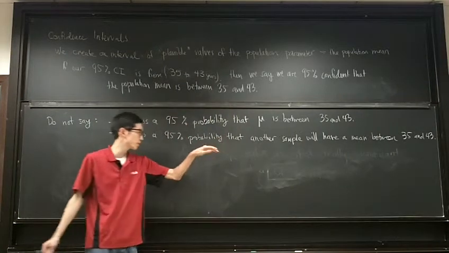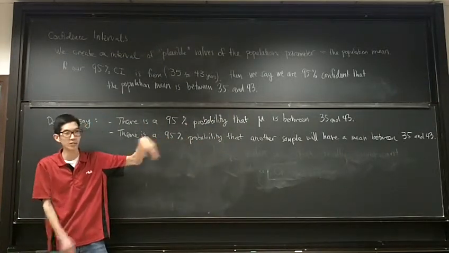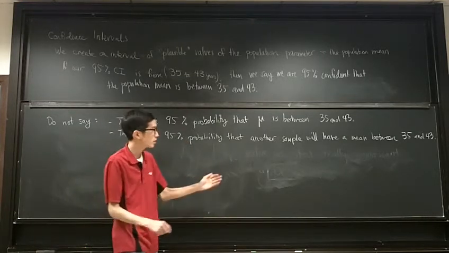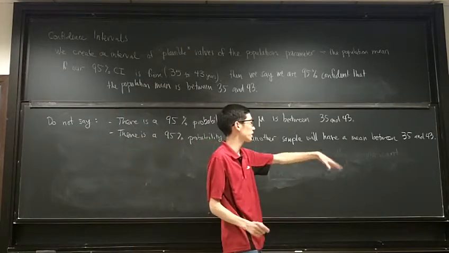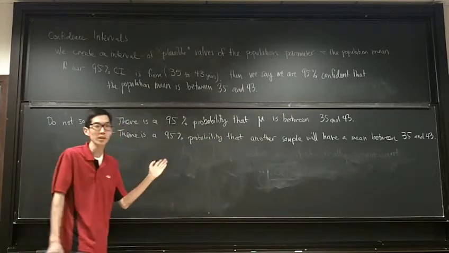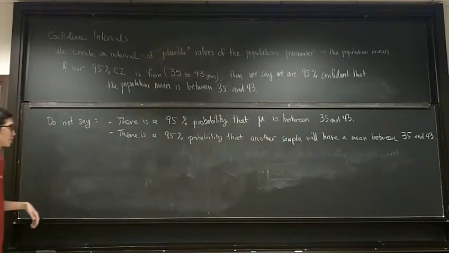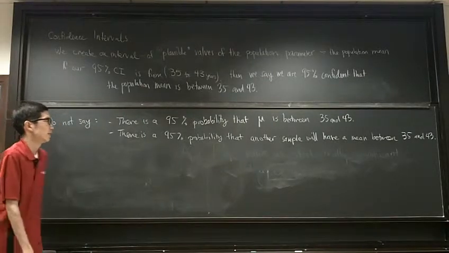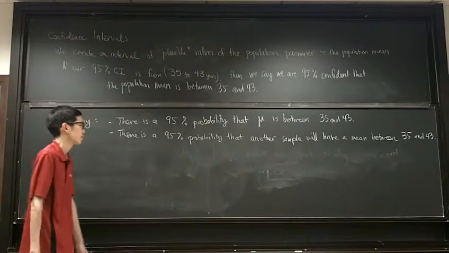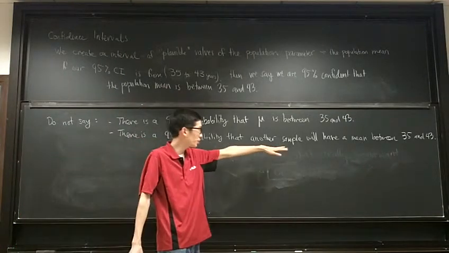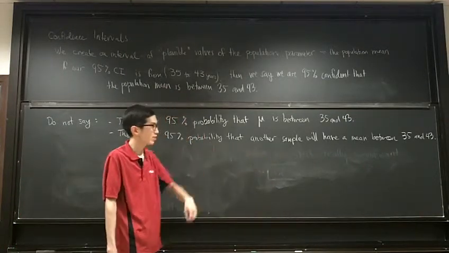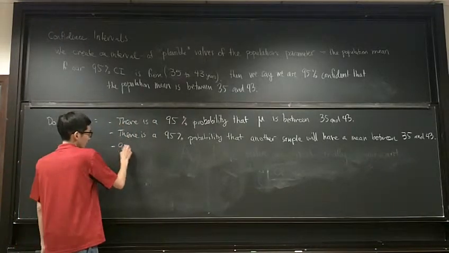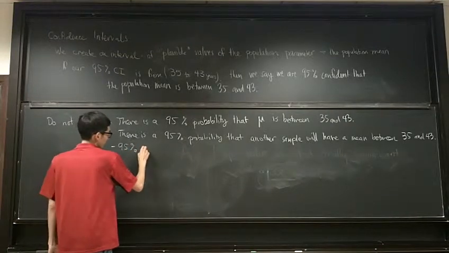In this case, it is okay to talk about probability because we're talking about another sample that we're going to draw that we don't know anything about. But the interpretation of the confidence interval does not apply to future samples. So this is also wrong. And whether it's another sample or that 95% of the population is between there and there, this is also wrong.